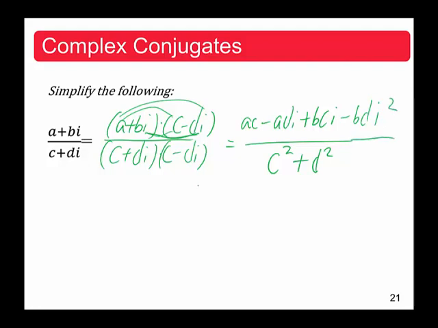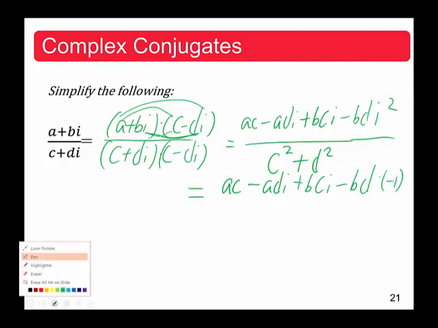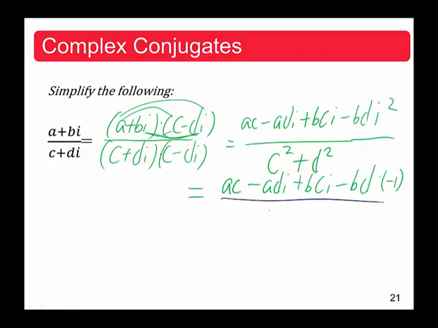So similarly, let's simplify: ac minus adi plus bci minus bdi squared becomes negative 1 times negative 1, over c squared plus d squared.